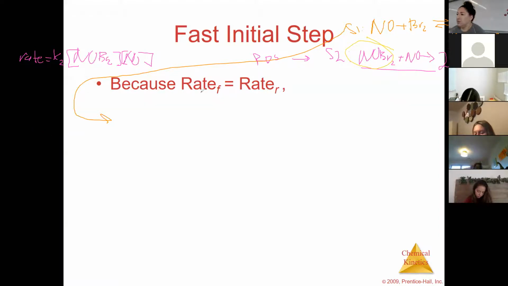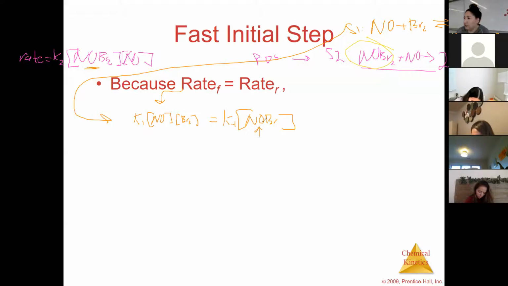Okay, so we just defined what this is. So I'm going to substitute my k constant, whatever that is, [NO][Br2], and I'm going to set that equal to my reverse, whatever the k is for the reverse reaction, [NOBr2]. This is what we need to substitute for because that's an intermediate.